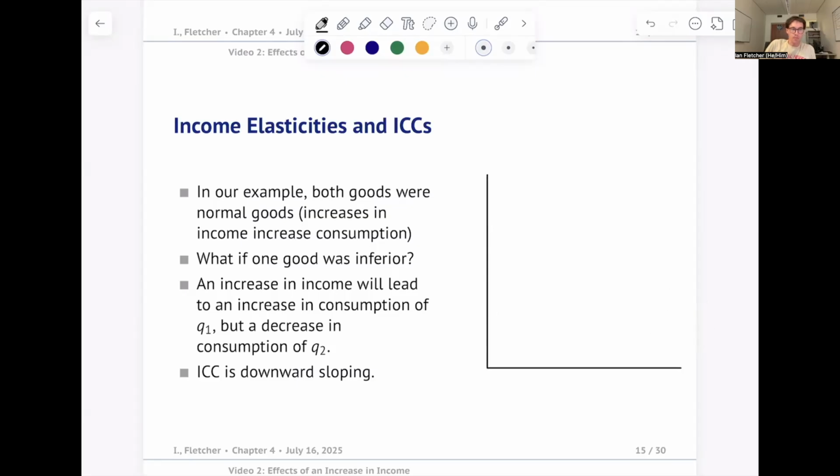So let's call these donuts again, and then let's call these instant noodles. Our original budget line, still going to be the same. Our new budget line, also still going to be the same, right? When we have, let's call this our original equilibrium.